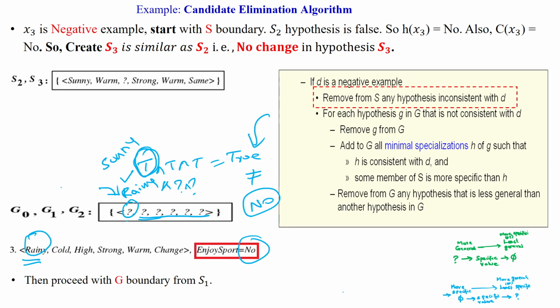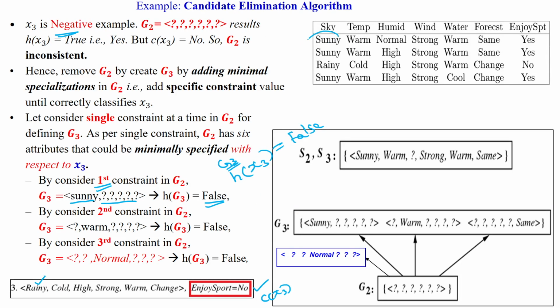Why are we changing rainy into sunny? Because here we are having only two values in the sky attribute. When you apply rainy for the constraint here, you will get true in the h of g3, but we need false. So to get the false, we are replacing the first constraint in the hypothesis g3 with sunny. Now sunny is not matching with the first attribute, so it is a false.